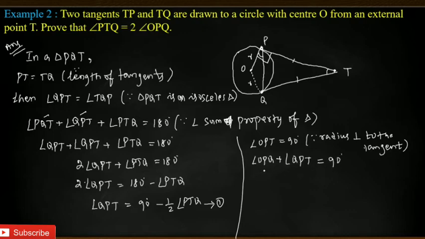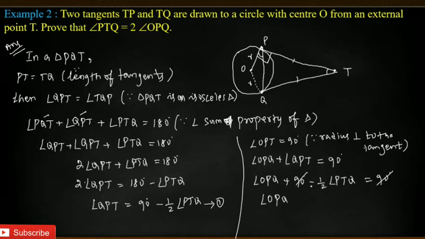Children, here I want to find OPQ. Before that, in OPQ plus QPT, I substitute the QPT value: 90 degrees minus half of angle PTQ, which is equal to 90 degrees. The 90 can be cancelled.